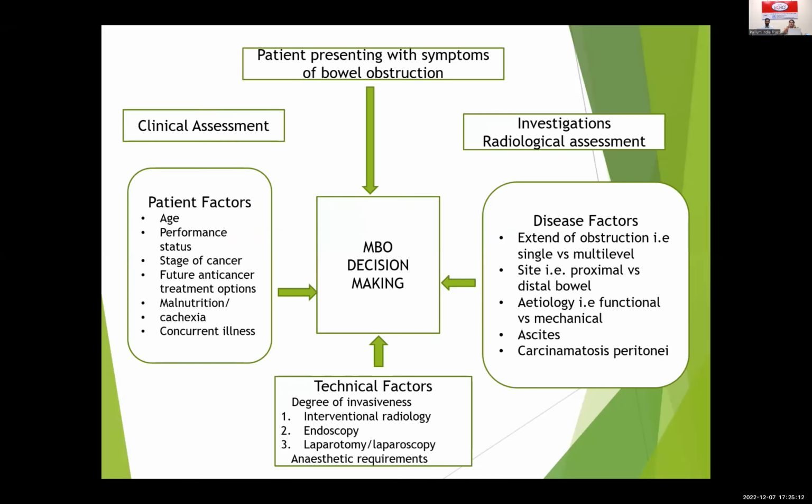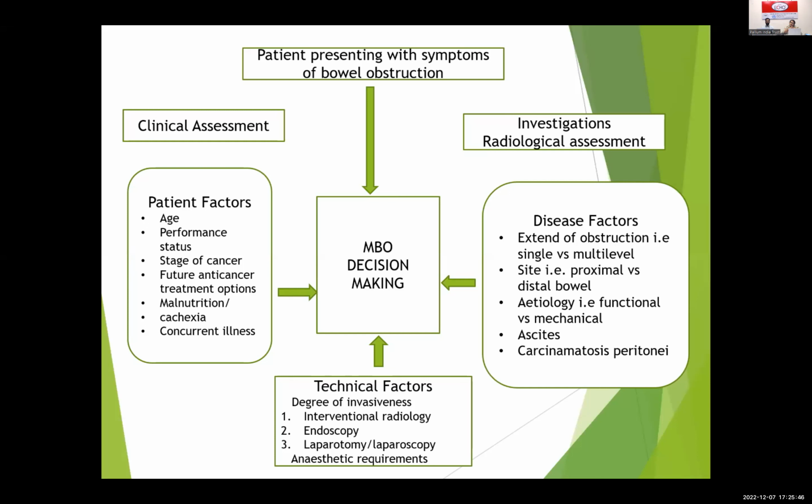When the patient presents with symptoms of bowel obstruction, first of all we do the clinical assessment. We see what type of vomiting he is having. You do the full physical examination, and then you understand that this person is having small bowel obstruction. And if there are options for radiological investigation, you go ahead with that. Now the next thing is you are planning for surgical management. Okay.